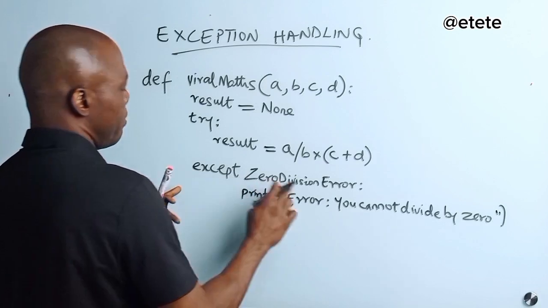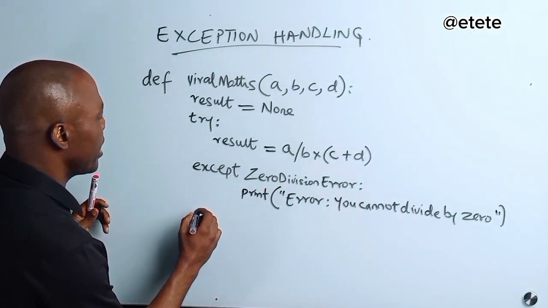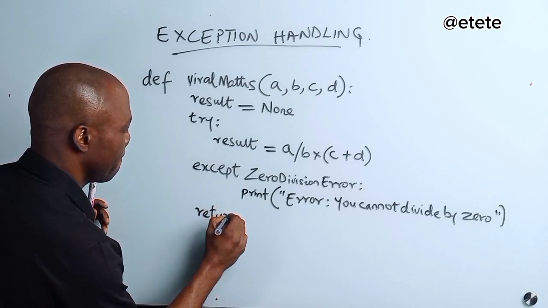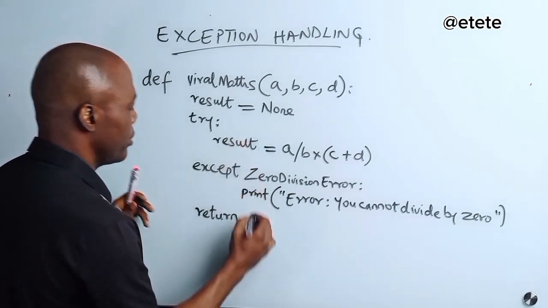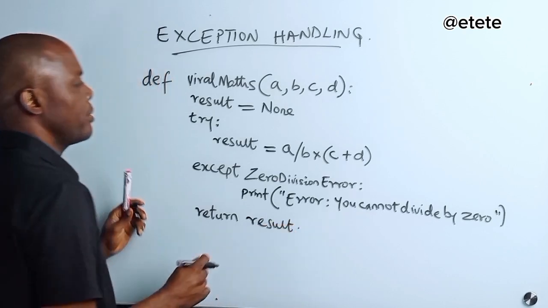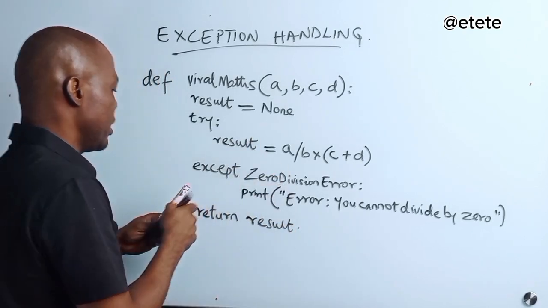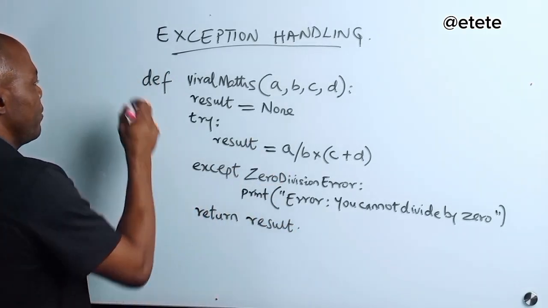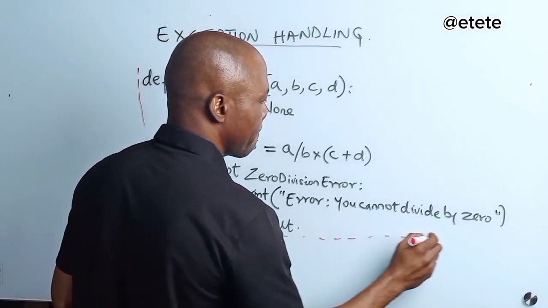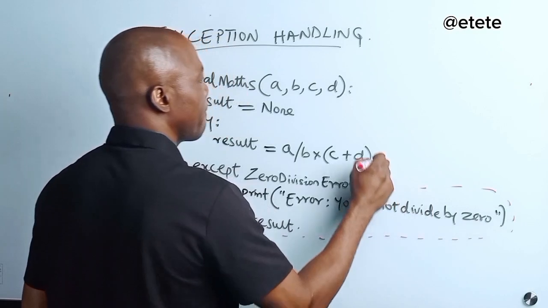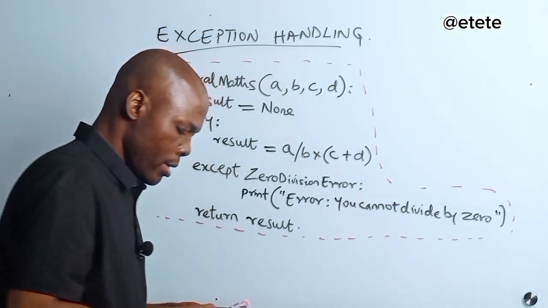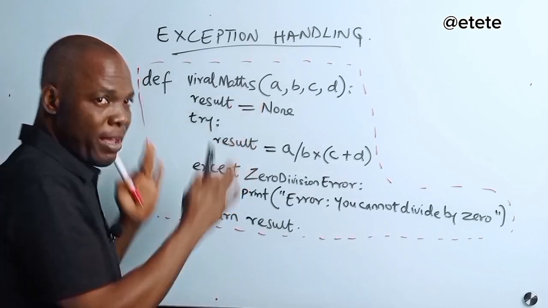So, okay, then I will now come here and I will say return result, right? Now, this is my function that I've written. This is my function. Now, I have written my function.